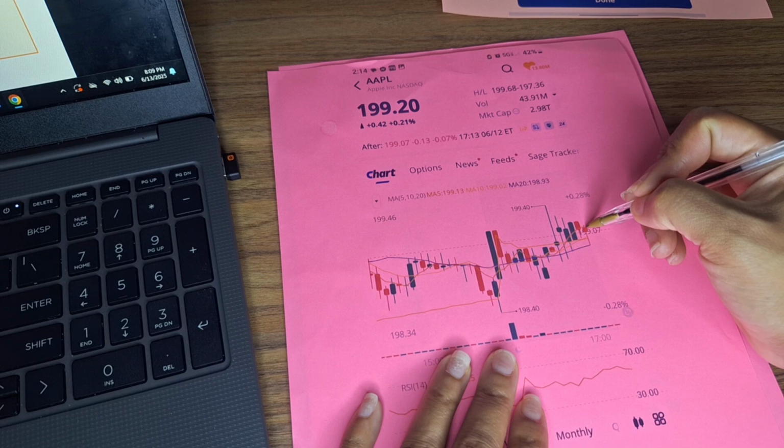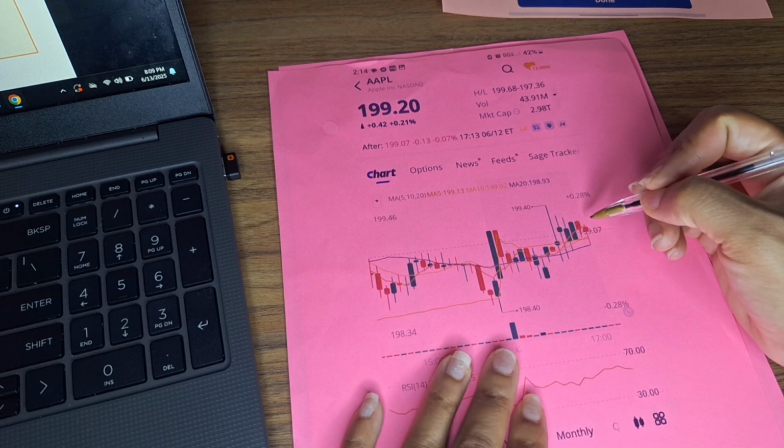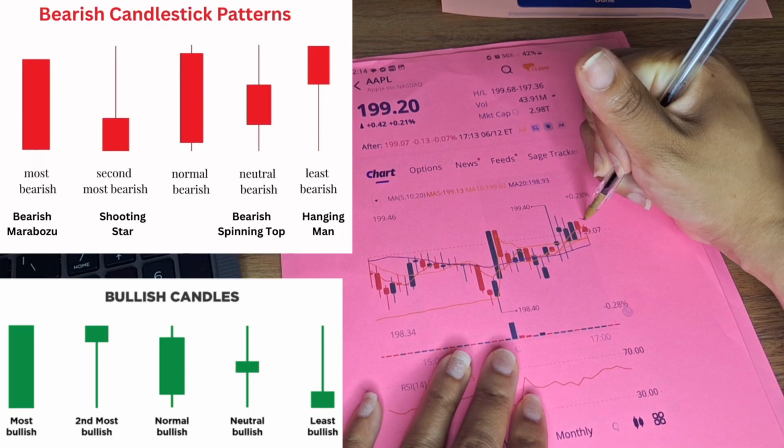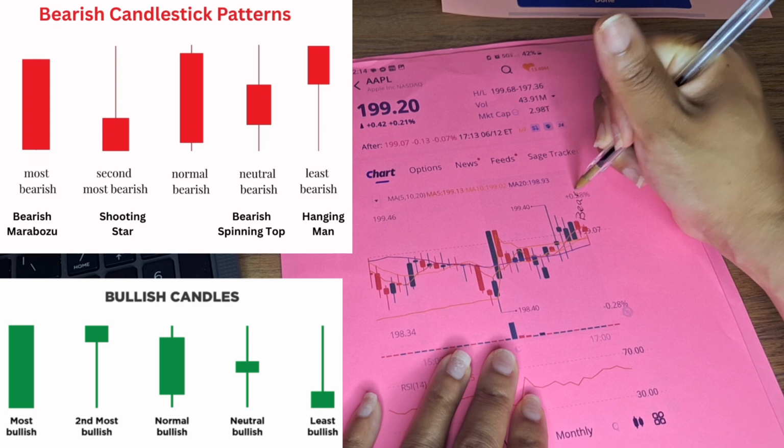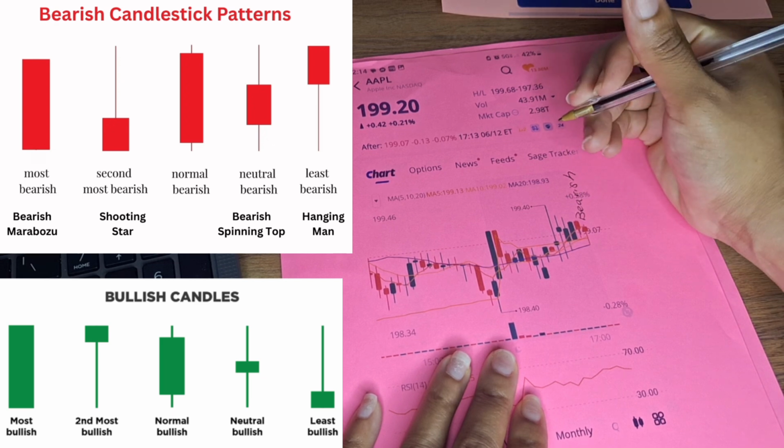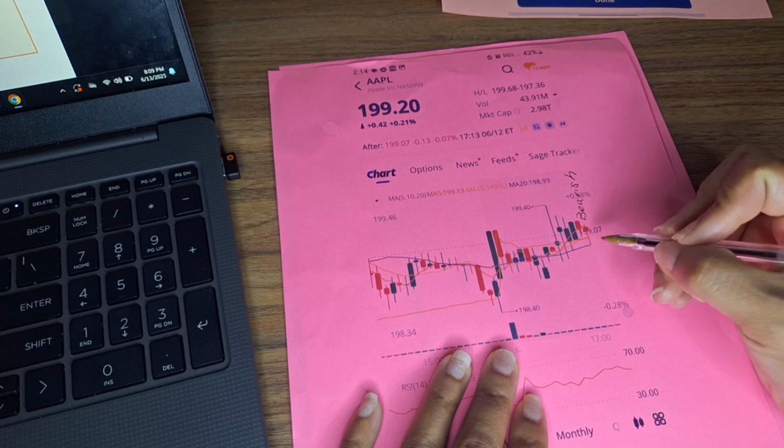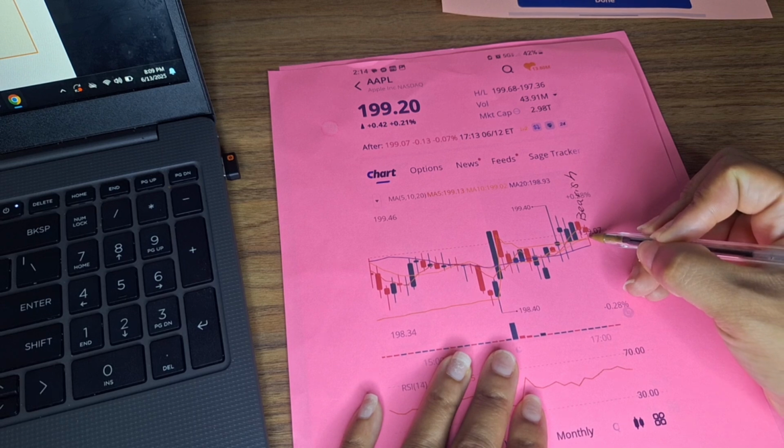Okay, let's jump right into the first set of candles on the right hand side of the chart. As we can identify these candles being the color red, they are bearish candles. Bearish indicates that the price is in fact going down.